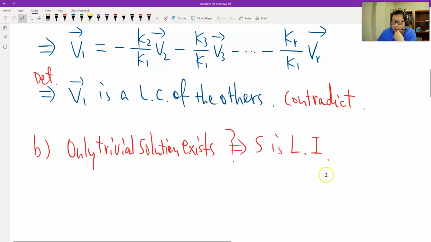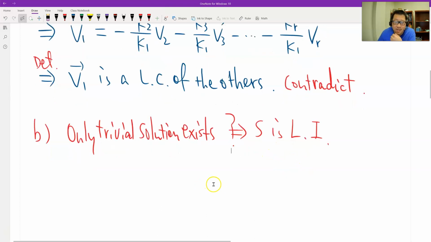Why is S linearly independent? Only the trivial solution, so S is linearly independent. The same approach: let's prove by contradiction. If S is not linearly independent, therefore S is linearly dependent, we will get a contradiction.